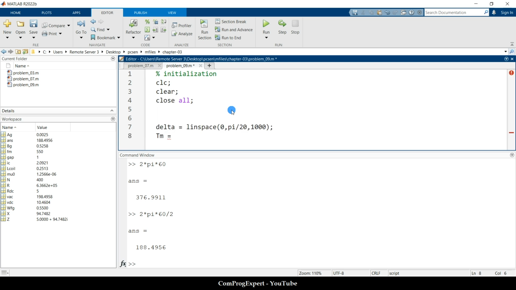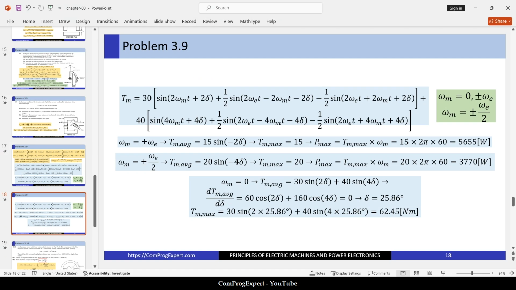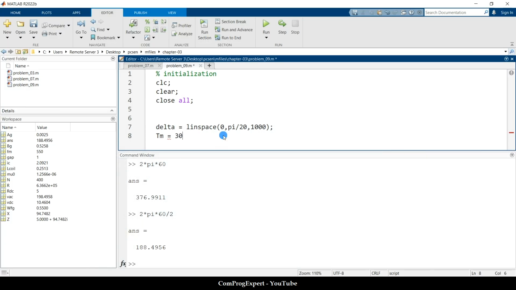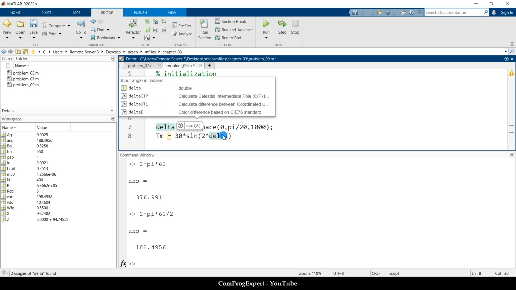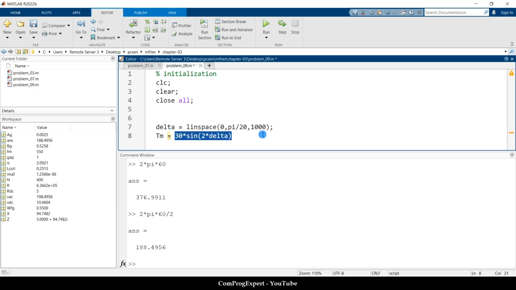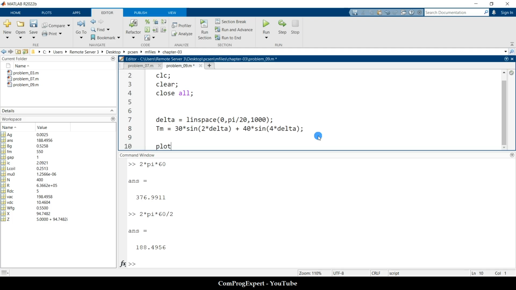The magnetic torque is equal to 30 times sine of 2 times delta plus the next term, 40 times sine of 4 times delta. So we can plot delta and Tm. So let's run the code.